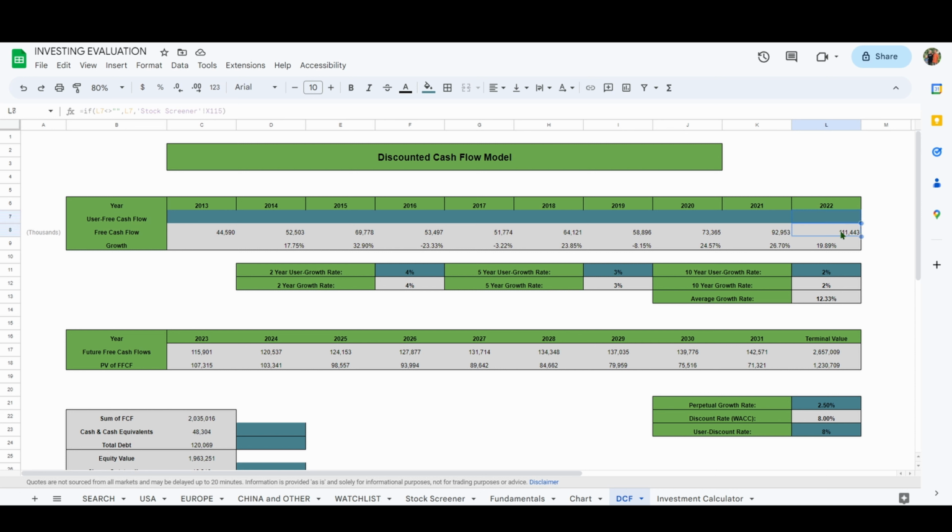But if it isn't right, then you can just go up here and type, I don't know, maybe it loads in that it's 111 billion, but you can just write that, oh, it's actually 100 billion. Of course, it's in millions, but yeah. Don't worry about the other years.